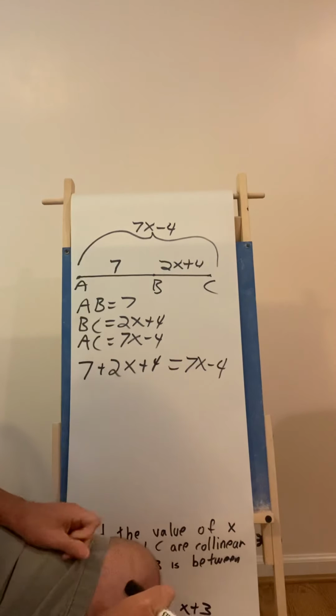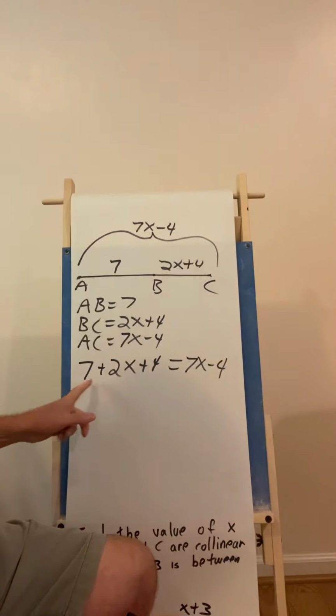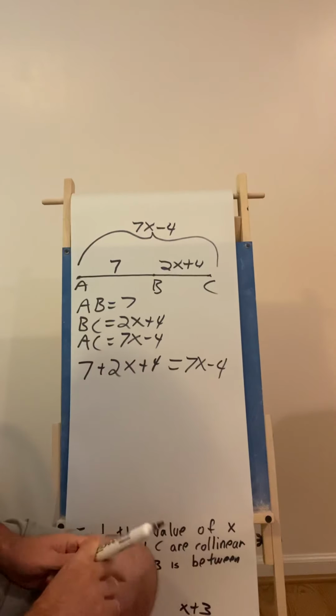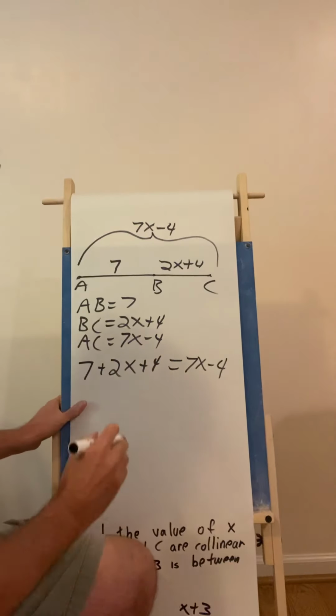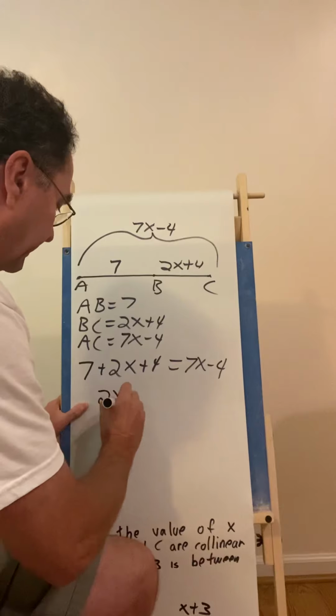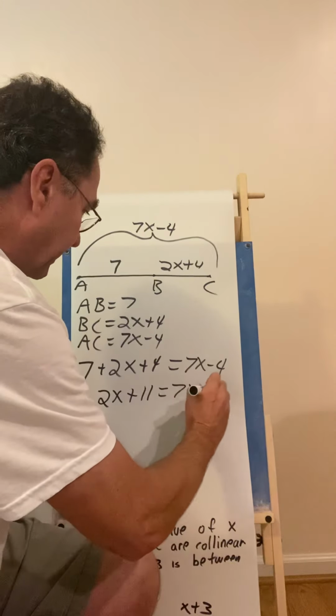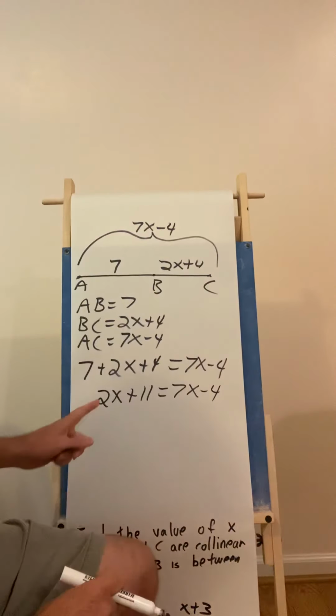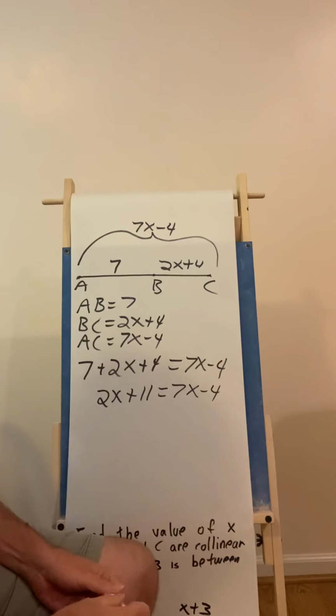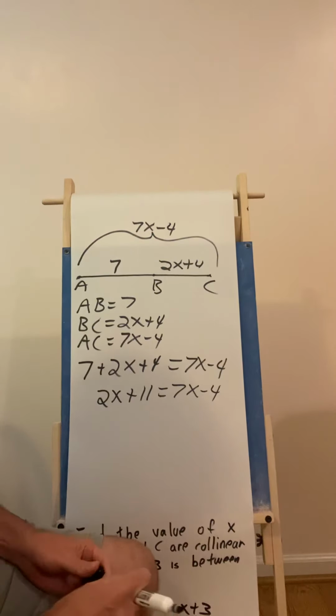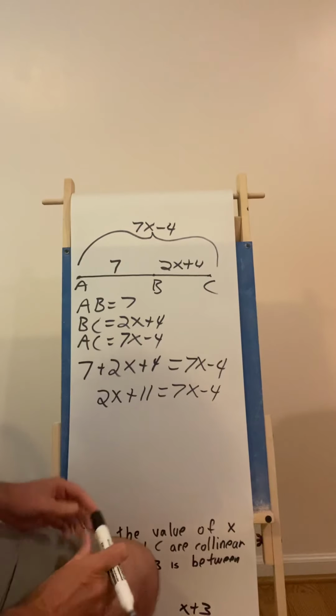The only like terms on the same side are the 7 and the 4. Those are going to be combined and equal 11. We have 2x plus 11 equals 7x minus 4. Now, yes, 2x and 7x are like terms, but they're not on the same side of the equation, are they? So we don't combine them.